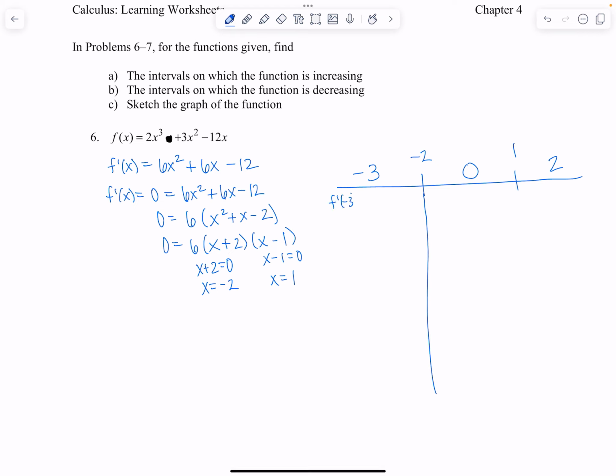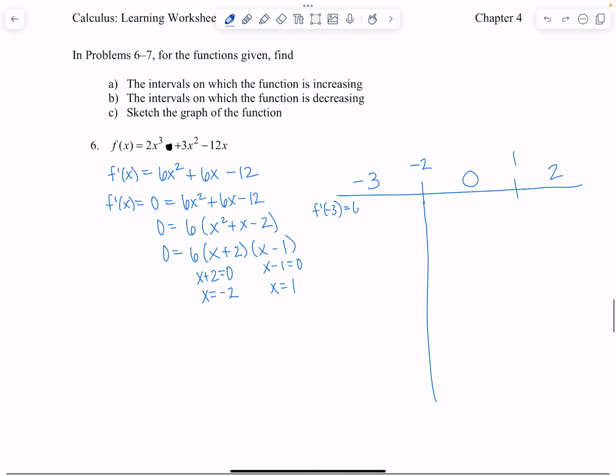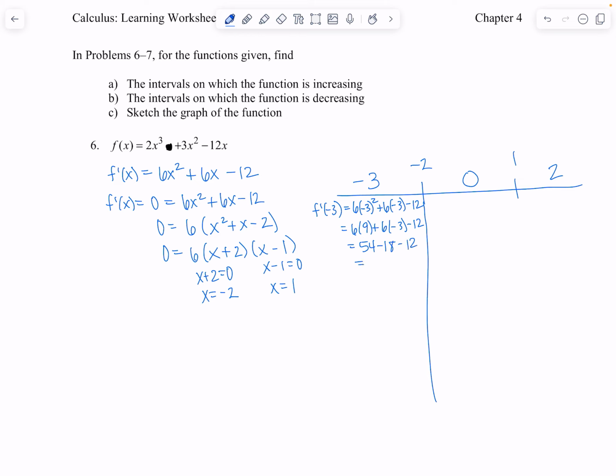F prime of -3 we'll have 6 times -3 squared plus 6 times -3 minus 12. 6 times 9, we got 54 minus 18 minus 12, which will give us 24.